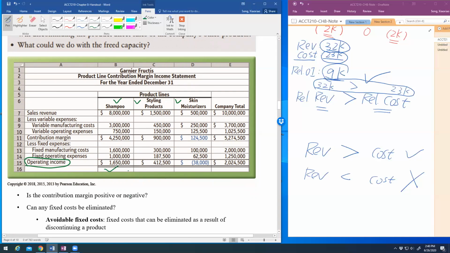This is positive, this is positive, but look at this, the skin moisture, that is negative. So you are losing $38,000. The question is, should we discontinue this one, yes or no? Look at the operating income, it looks like you are losing 38,000. So should we discontinue it, yes or no?